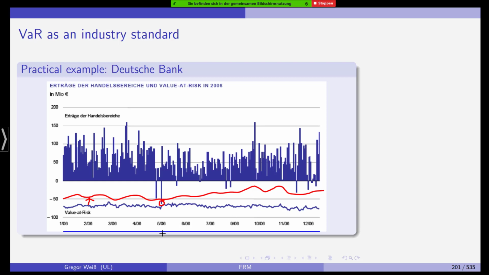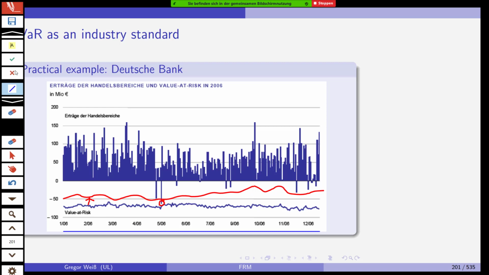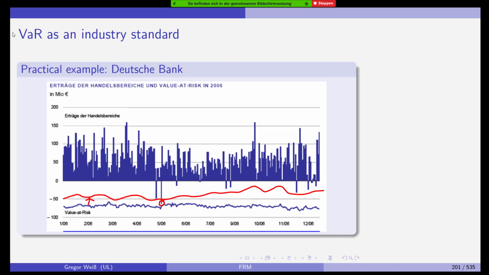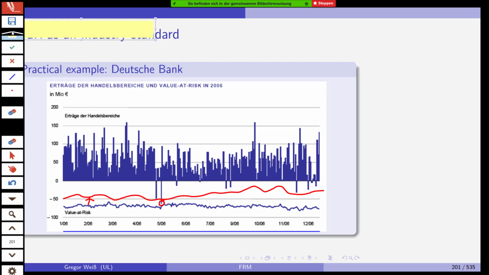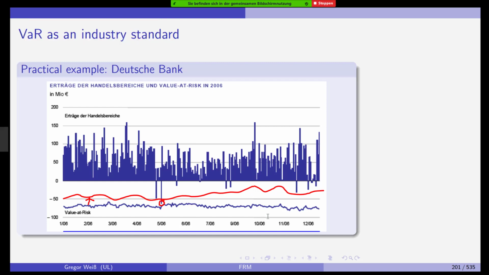Yes, we are safe from any financial losses from trading activities, but you can imagine this alternative, this blue line, will be very expensive. Because in this case, the bank would keep too much regulatory capital on its balance sheet, which is needed as a risk buffer. And this would also be a problem.